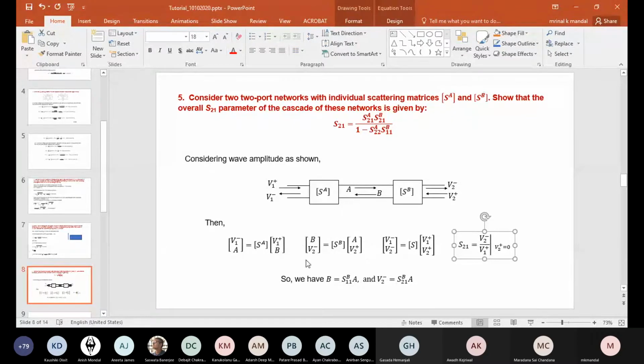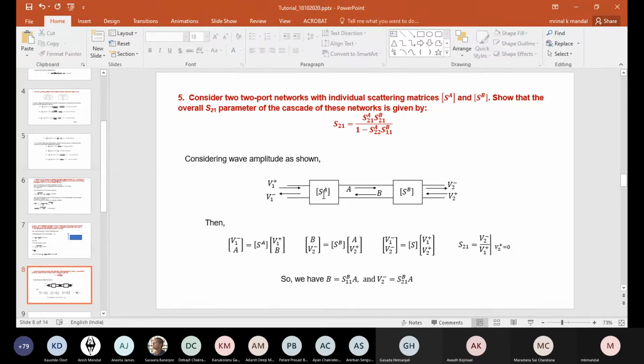Well, so how to proceed? You see S21, this is V2 minus by V1 plus when V2 plus is 0. So basically the output port is match terminated.